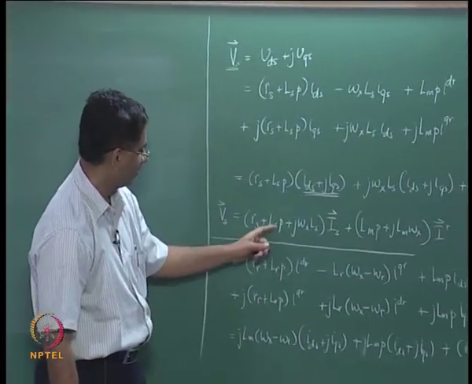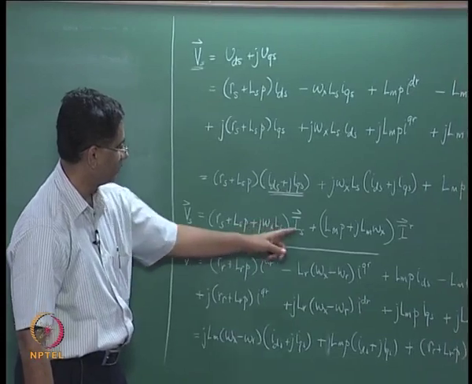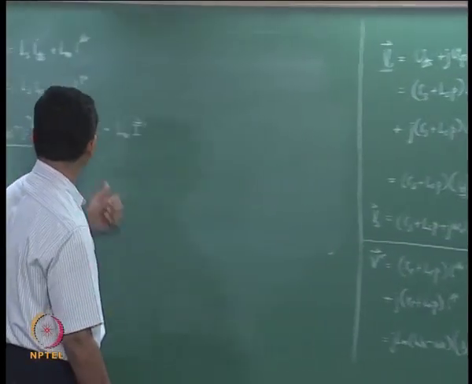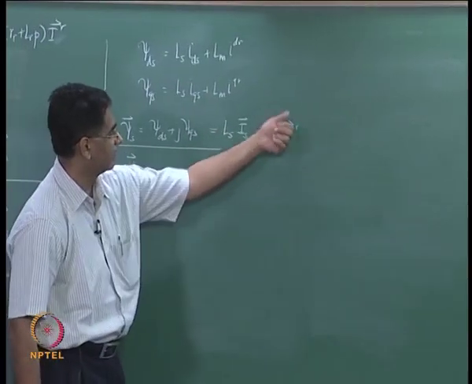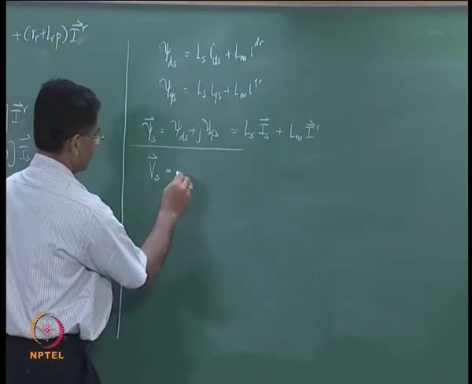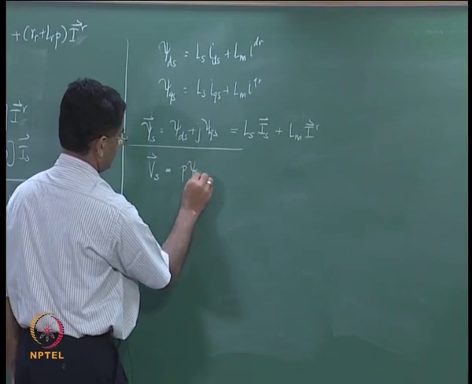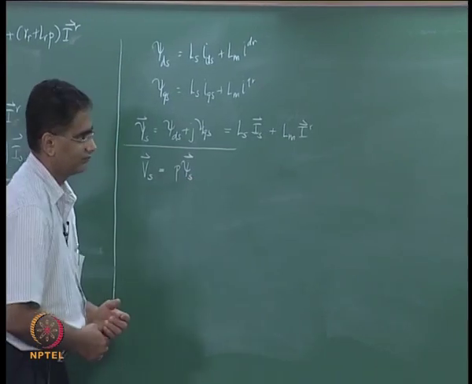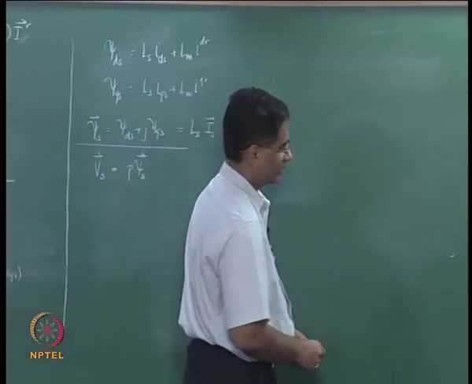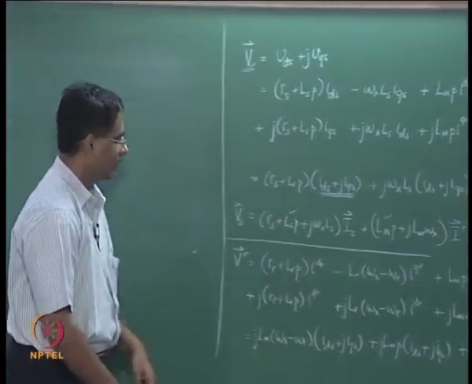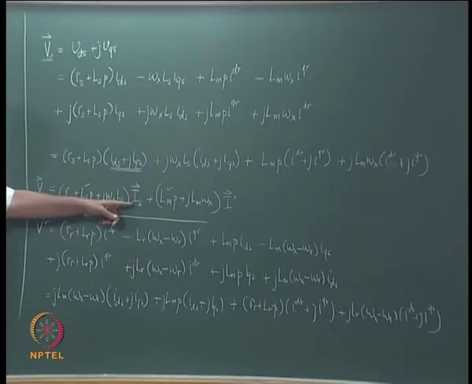That is nothing but P of Ls into Is plus Lm into IR, which is nothing but the derivative of this, and therefore we can write this as P times psi s. So we have accounted for this term and this term, and then the stator resistance into Is must come.